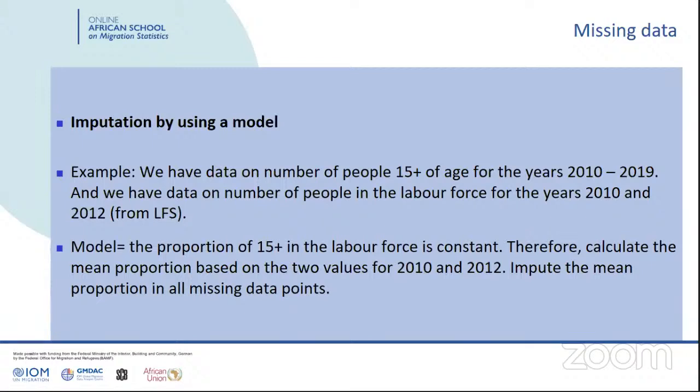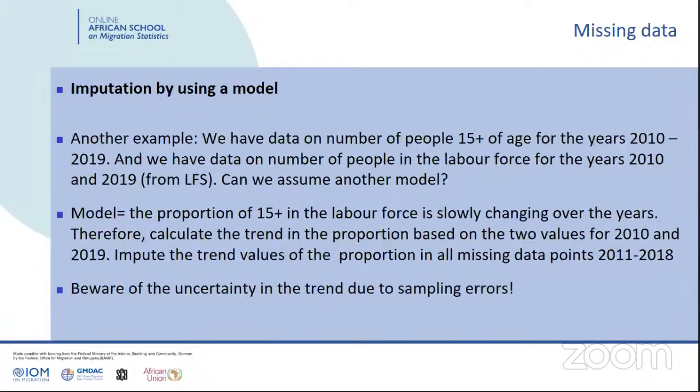Therefore, we can calculate the mean proportion from 2010 and 2012, and this mean proportion we impute in all the missing data points, that is 2011 and 2013 up to 19. That is one example.